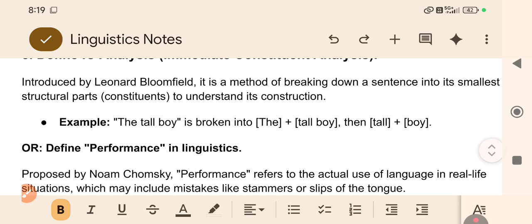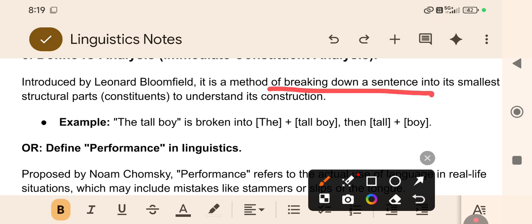This is IC analysis, immediate constituent.